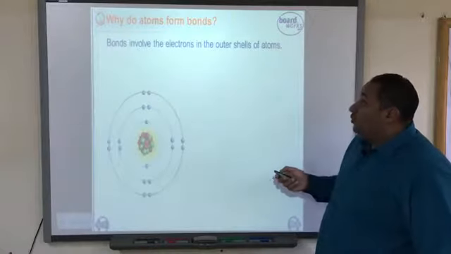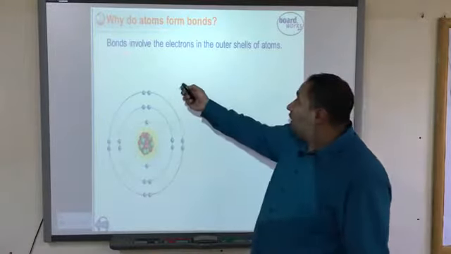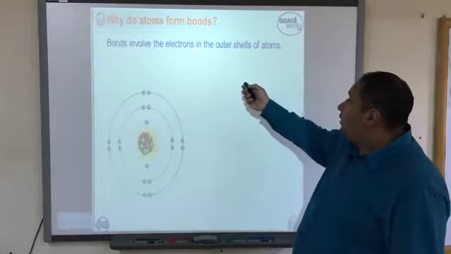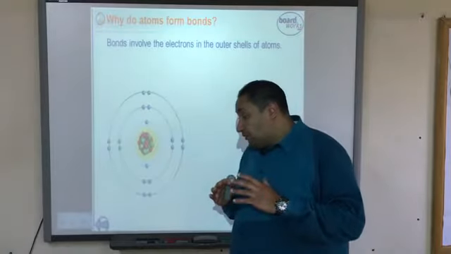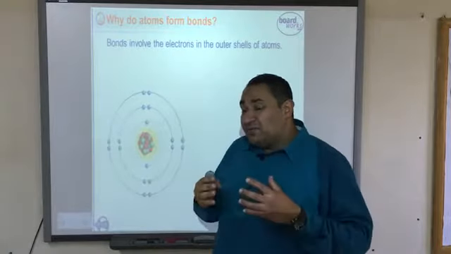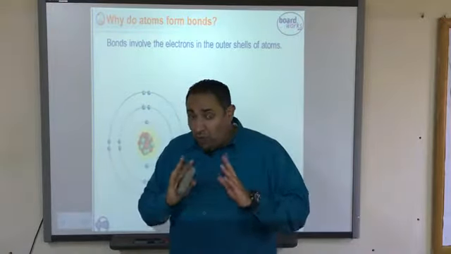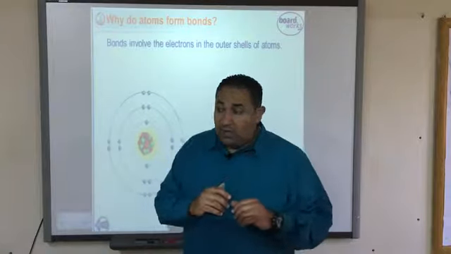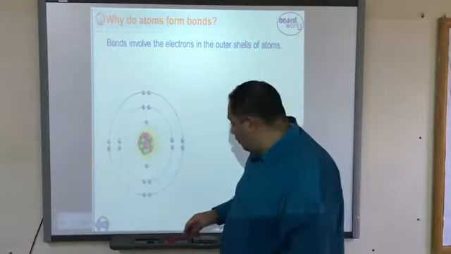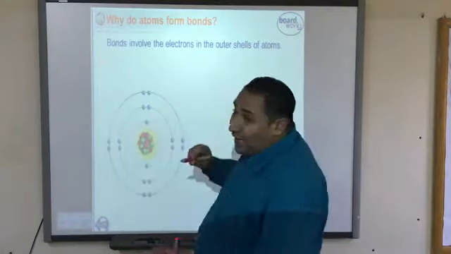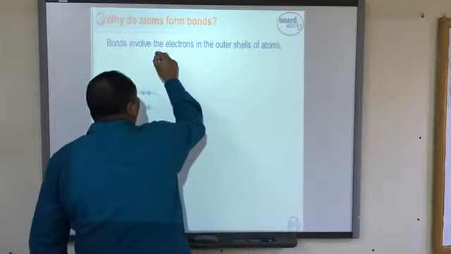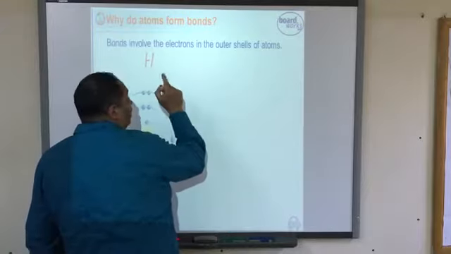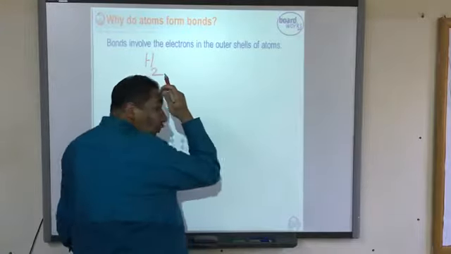Bonds involve the electrons in the outer shells of atoms. The right question to ask is: why do the atoms bond together? You remember when I told you that all gases except for inert gases, like hydrogen, for example, always have molecules composed of two atoms.